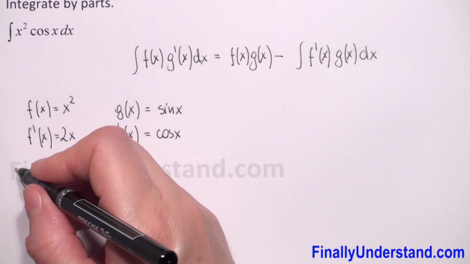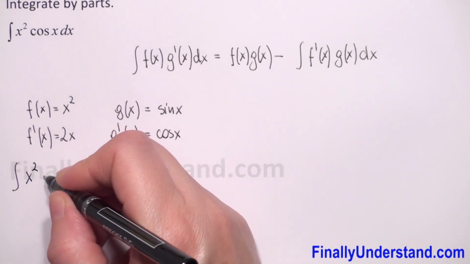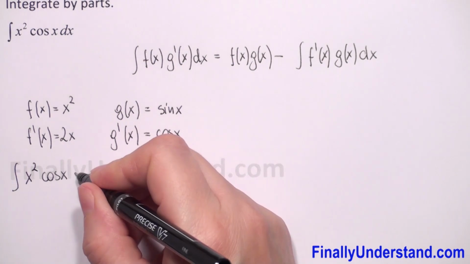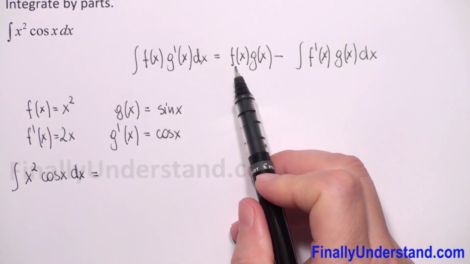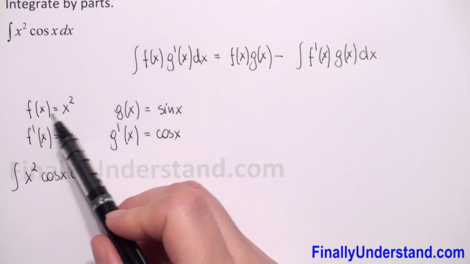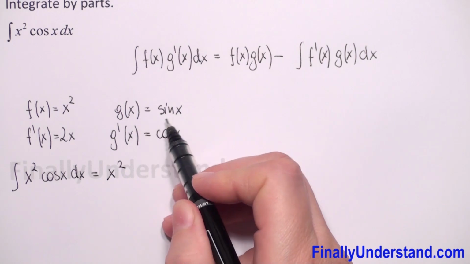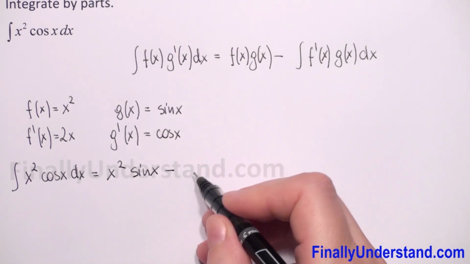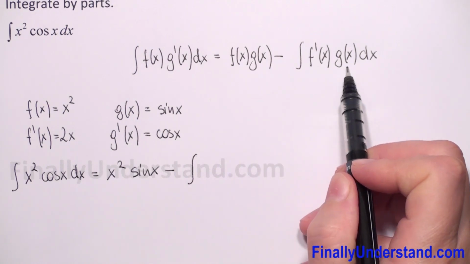Let me rewrite our integral. We have the integral of x squared times cosine of x dx. This is equal to f of x times g of x. We have f of x equals x squared, g of x is equal to sine of x, and minus the integral of f prime of x times g of x.